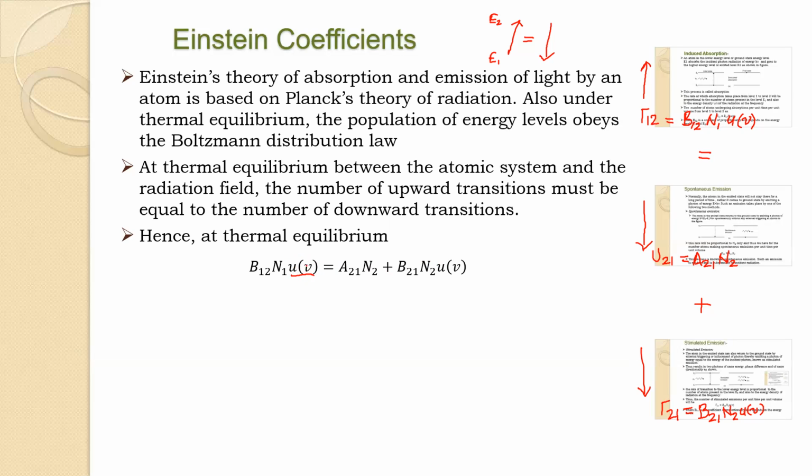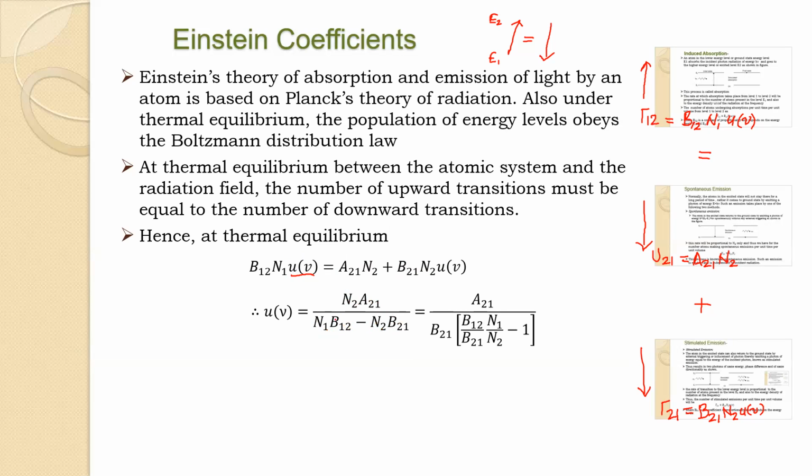We collect these two terms on one side and obtain U of nu equal to N2 A21 divided by N1 B12 minus N2 B21.